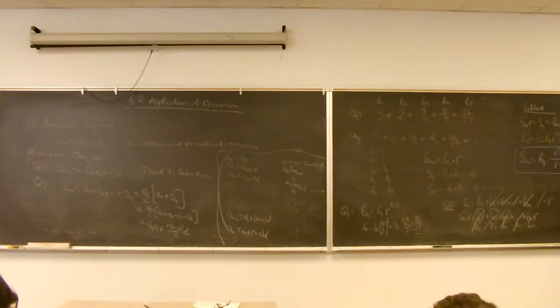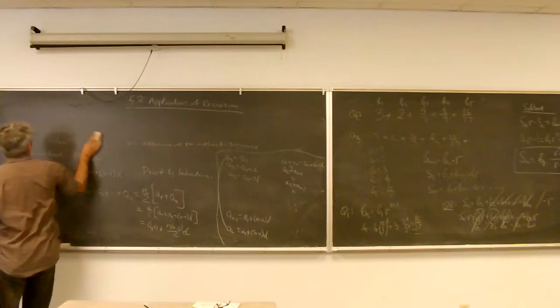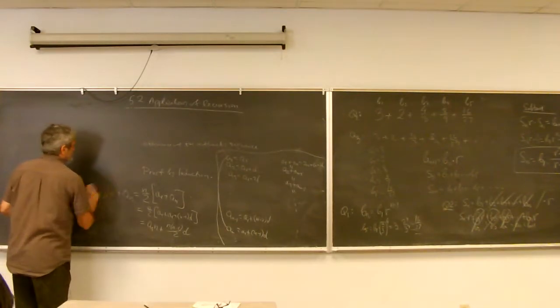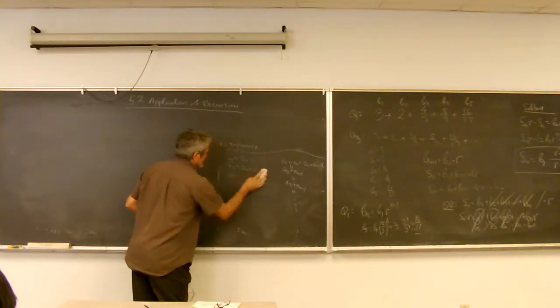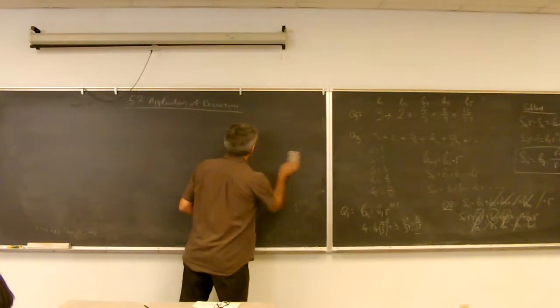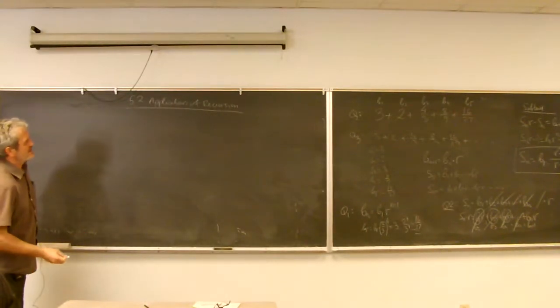So now I can answer question 2, but I have to erase something. Let me erase these guys. I don't need this anymore. So what is it? What I have there is S5.